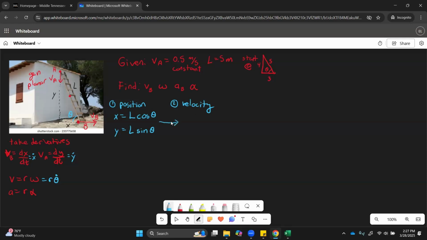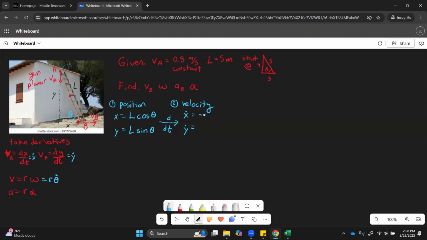So if we go ahead here and do a time derivative, then we'll get x dot and y dot. So L is a constant. That's good. Theta is what changes. So we're going to use chain rule here. Derivative of cosine is minus sine.